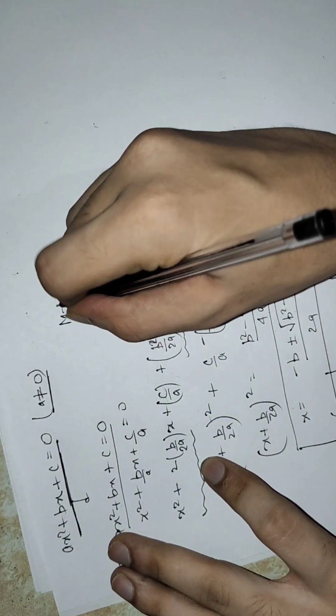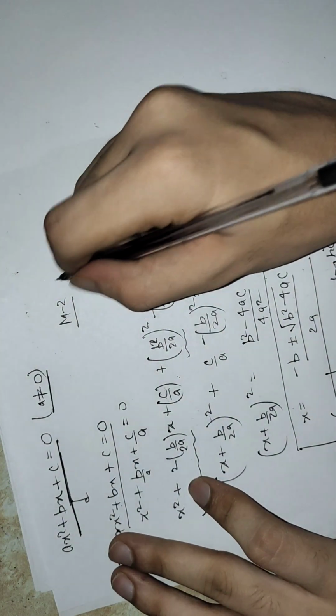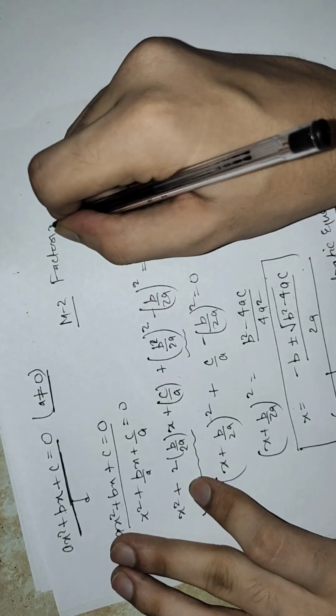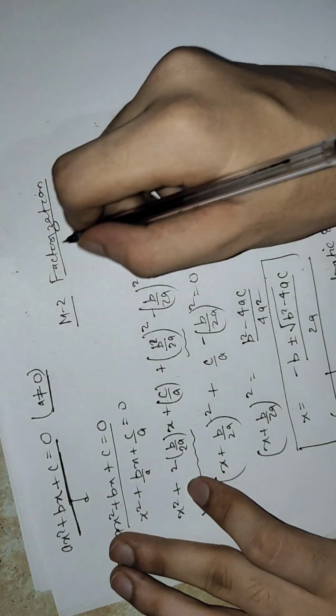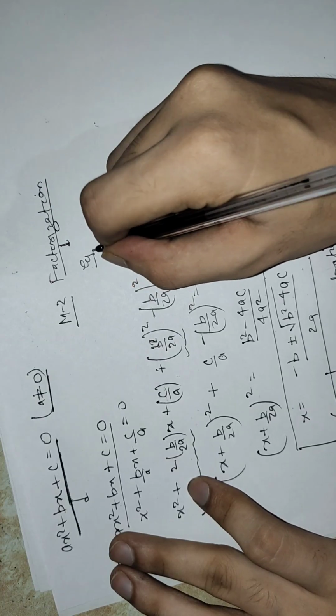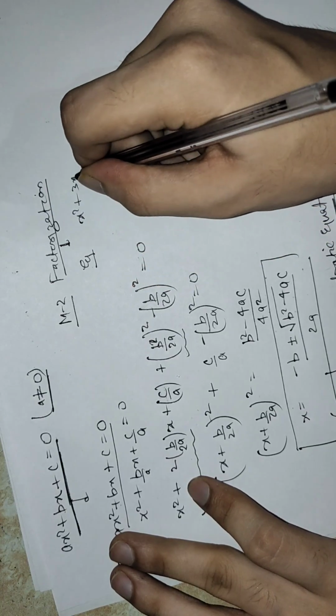Method 2 to solve a quadratic equation is factorization. For this we take an example like x square plus 3x plus 2.